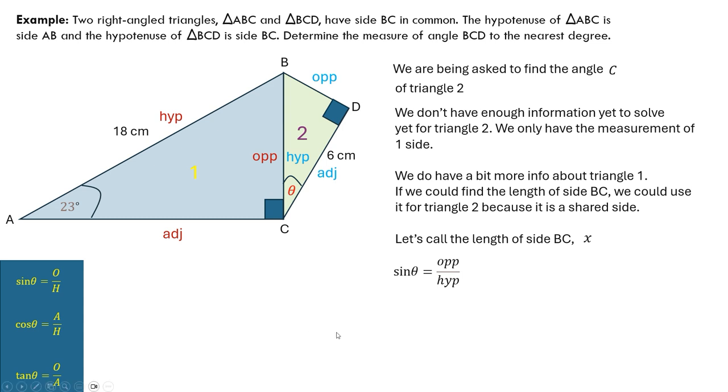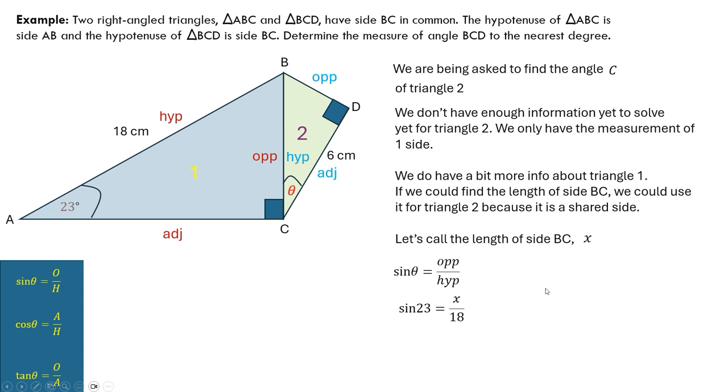For triangle 1, the sine of angle 23 equals opposite, we don't know what that is, we'll just call that x for now, over 18. We'll solve for x, and then we'll know the length of this side.